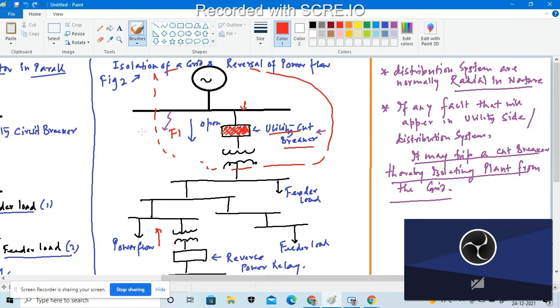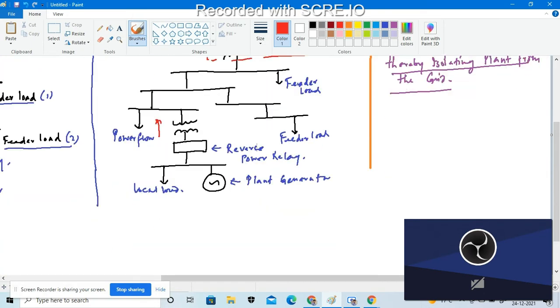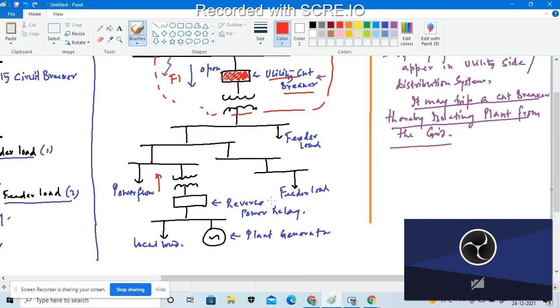And therefore, if the circuit breaker trips, the plant is totally isolated from the grid. So if it is open, the utility sites and the plant generating sites are isolated from each other. This segment consists of the plant generating sites. There is no connection between the utility sites and the plant generating sites.